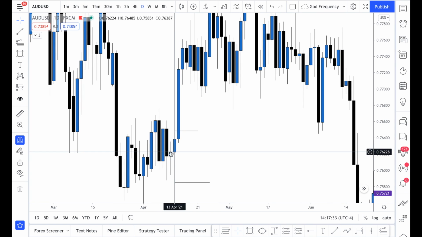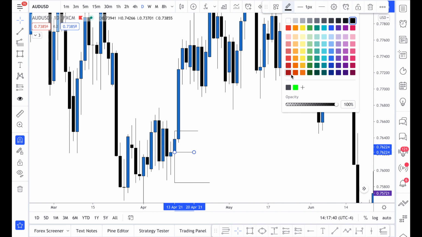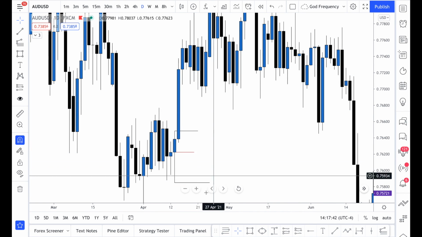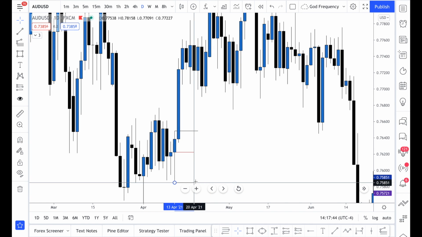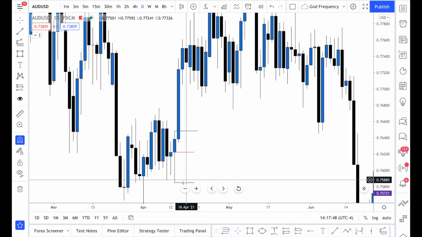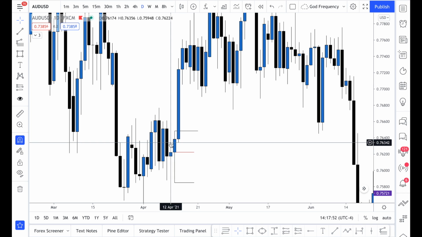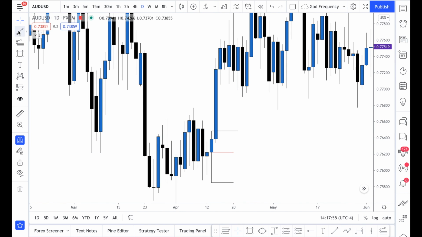But we had price open right here, and we'll change the color here to red. So we had an opening, we had a drive lower, and then we had a move above this previous daily high.